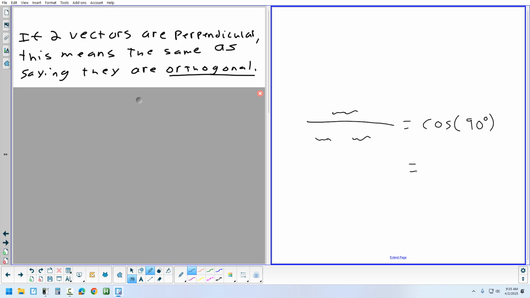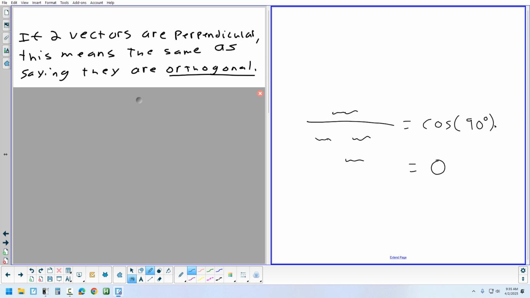If you fill in a 90-degree angle on the right side, what's the cosine of 90? Think of the x value of the coordinate for 90 degrees. Yep, 0. So if you end up with a situation where the vectors are orthogonal, you're going to end up with a 0 on the right side.